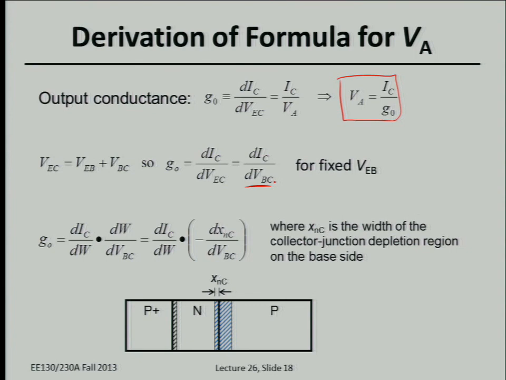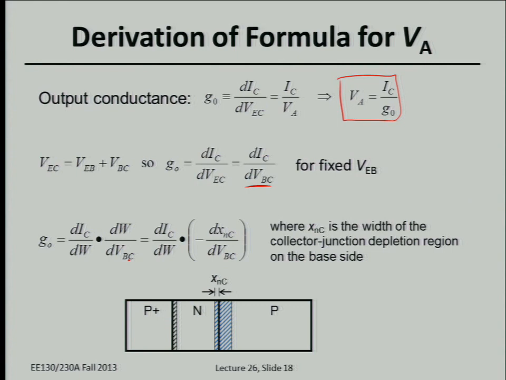Now, this is the chain rule. The change in current with the change of the reverse bias voltage on the collector, you can break down into two parts: the change in current as a result of the change in the width of the quasi-neutral base, times the change in that width due to a change in the collector junction reverse bias.